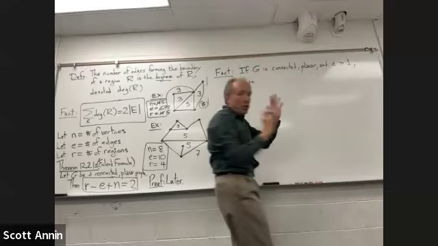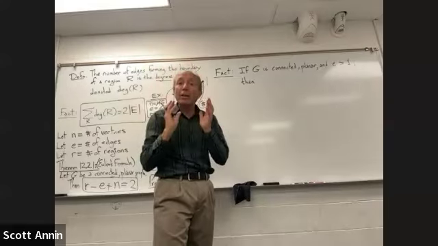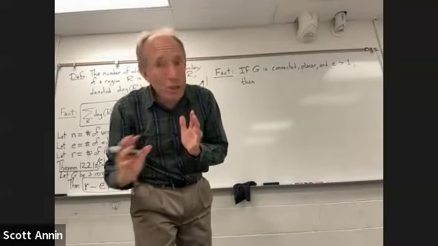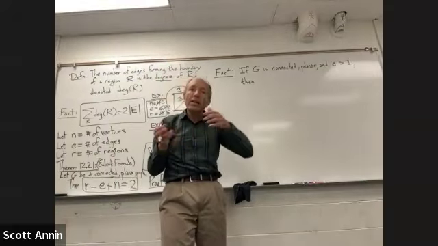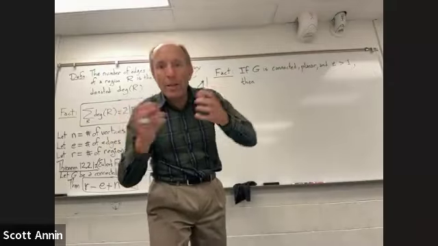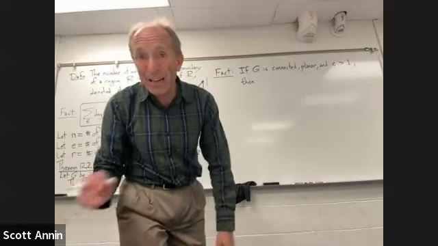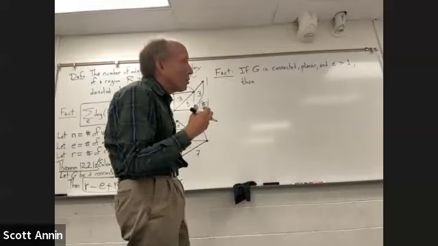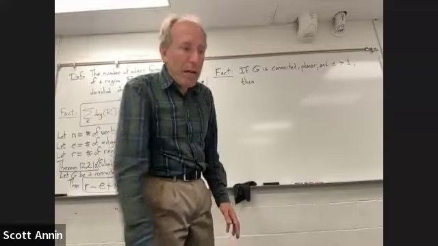The intuition is that if you're going to have a planar graph, it shouldn't have too many edges. The more edges your graph has, the less likely it will be that you can redraw that graph without any crossing edges, right? So it makes sense that there should be a maximum number of edges that you could have.